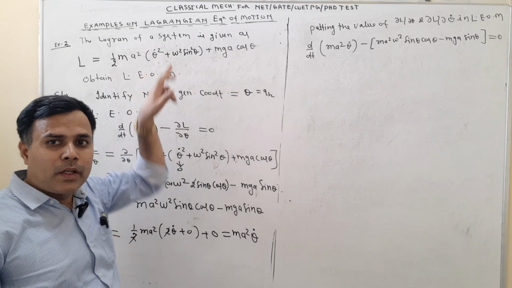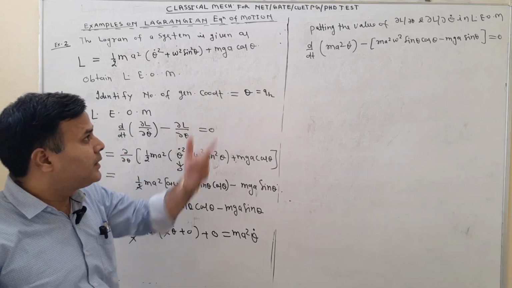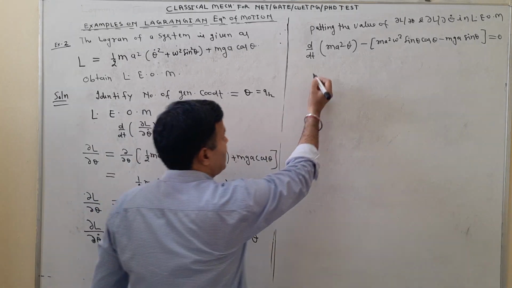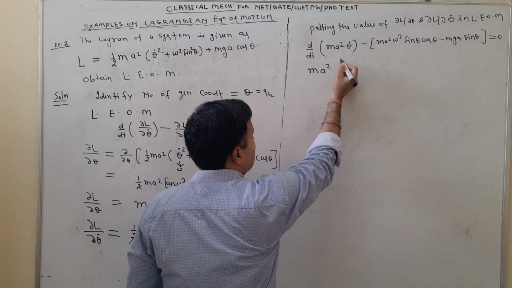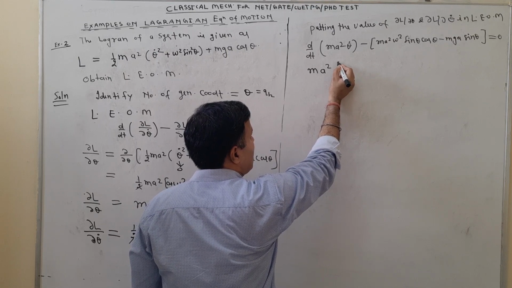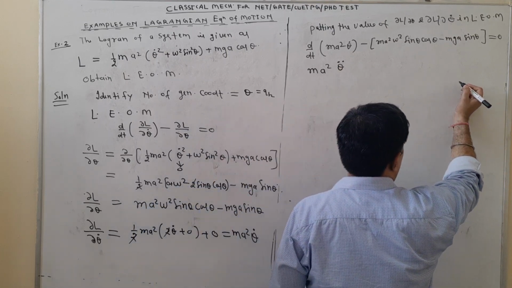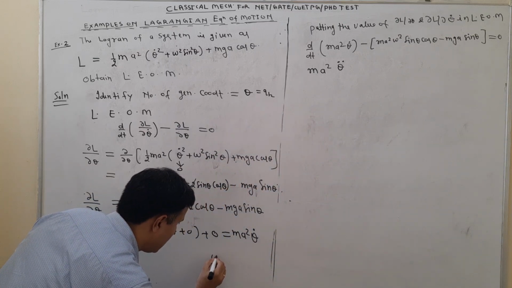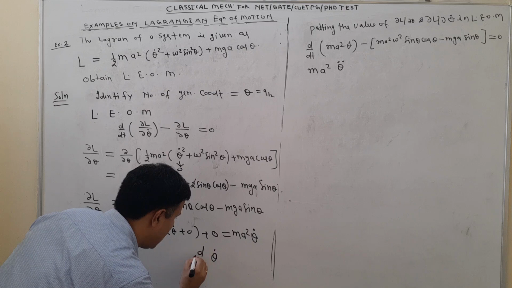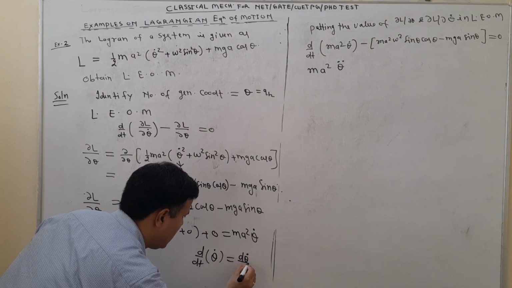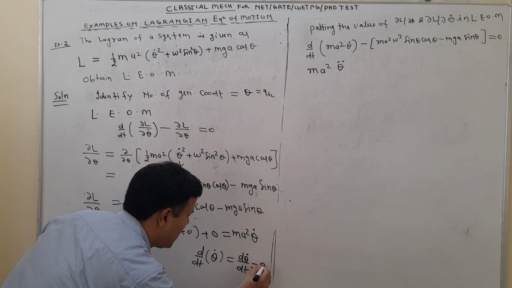So differentiating, this is ma square d theta dot by dt, which is theta double dot.